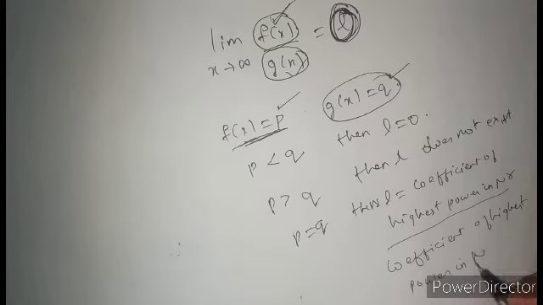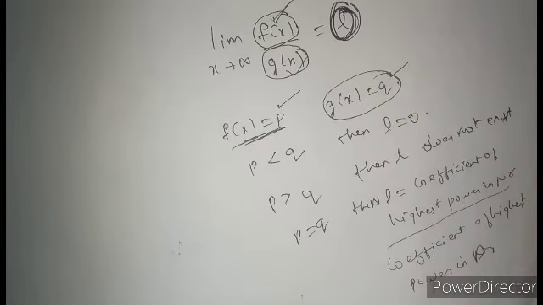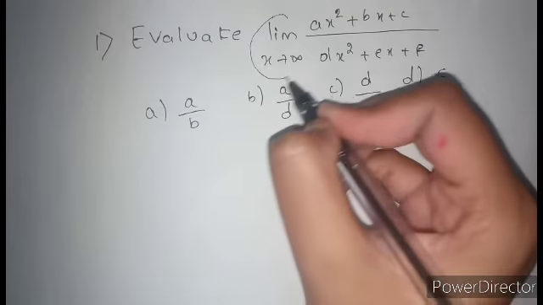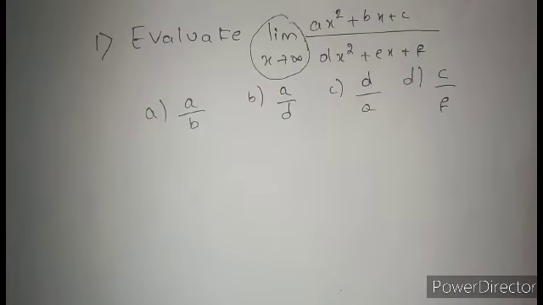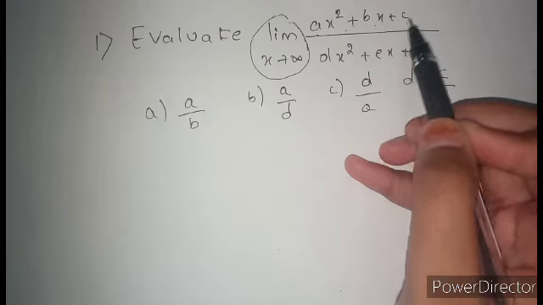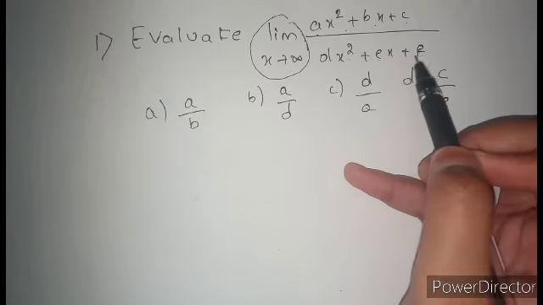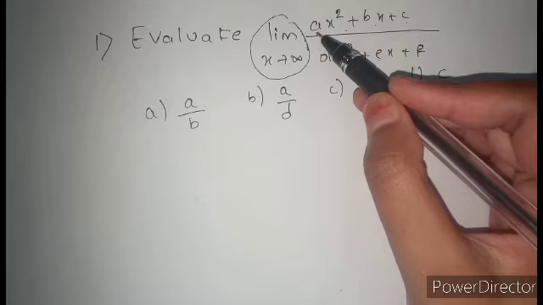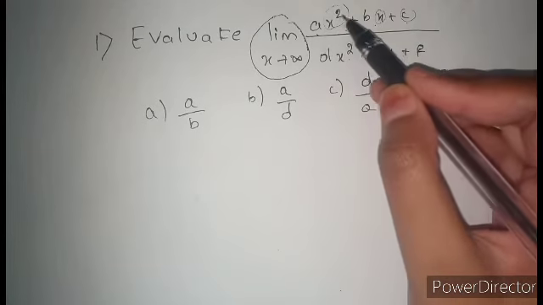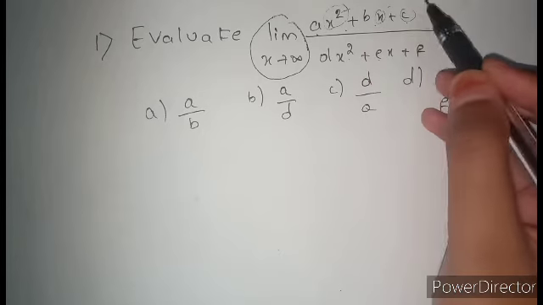Now let's solve some problems. So here is the first problem based on this trick. Evaluate limit x tends to infinity. See here, x is tending to infinity, first condition. And we have ax square plus bx plus c over dx square plus ex plus f. It contains variables and powers are whole numbers, right?